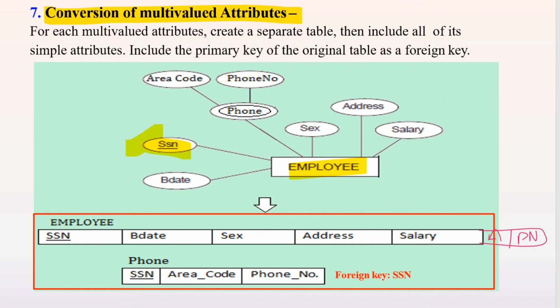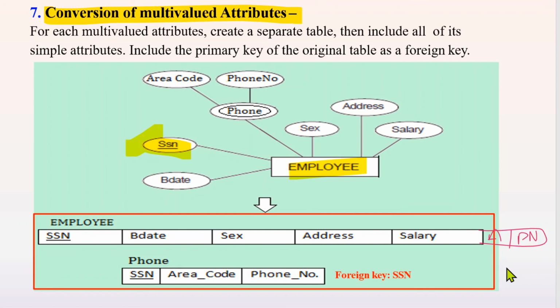And if we want to store 2 phone numbers corresponding to one employee, 4 phone numbers corresponding to a second employee, then we have to repeat all these fields 2 times to store 2 phone numbers, and we have to repeat all these fields 4 times to store 4 phone numbers. So this is not a better approach, to repeat all these fields just to store a phone number.